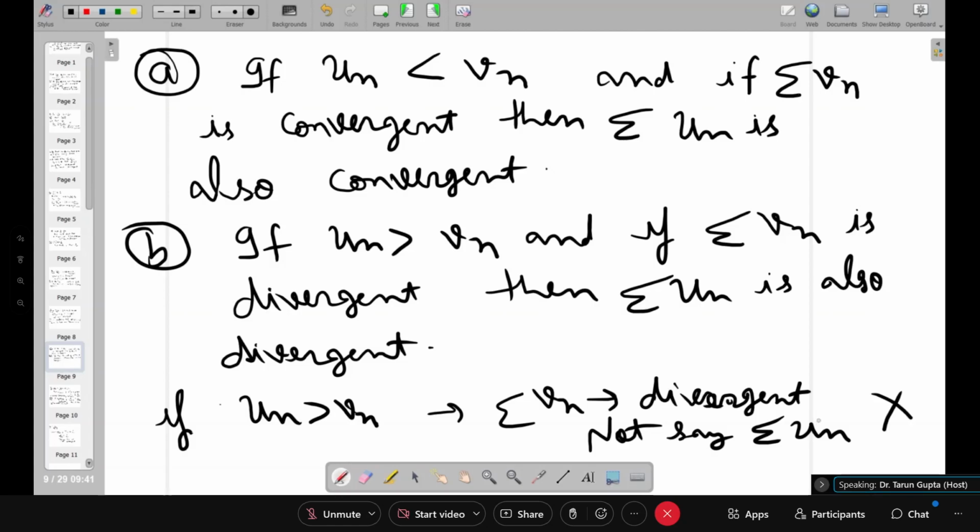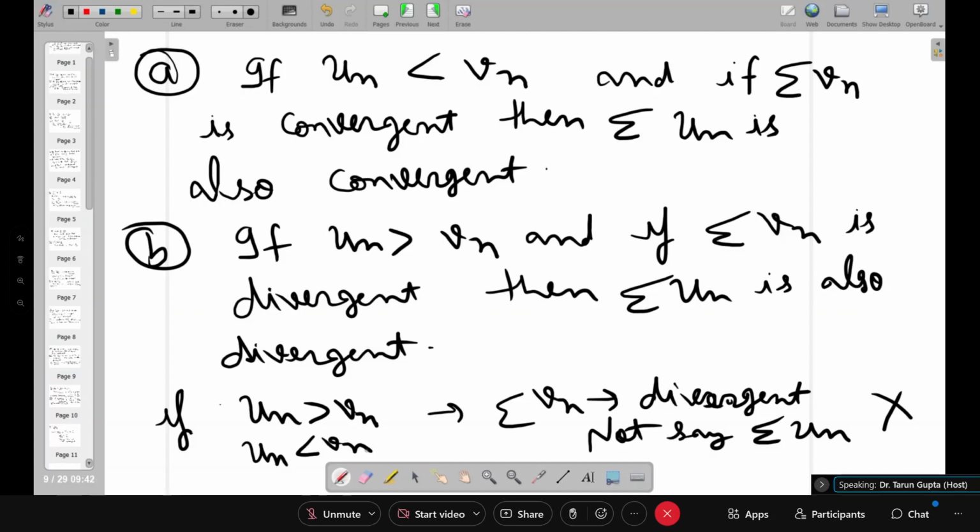Another thing is, if un is less than vn and vn is convergent, then un is convergent.